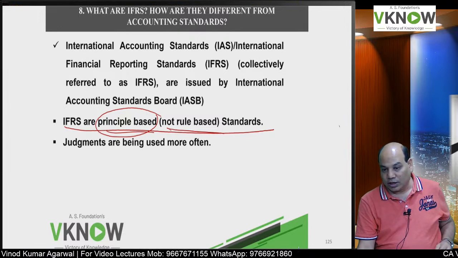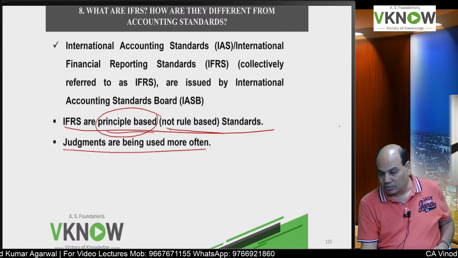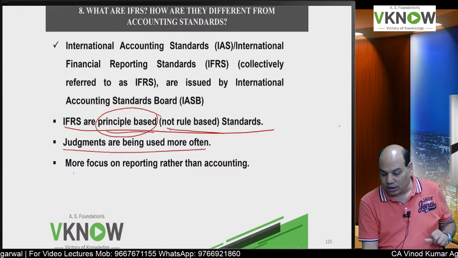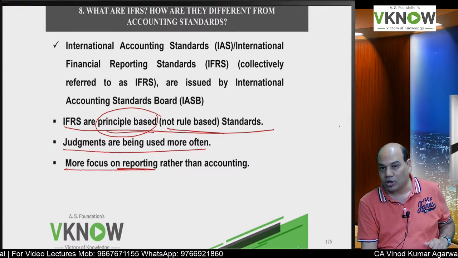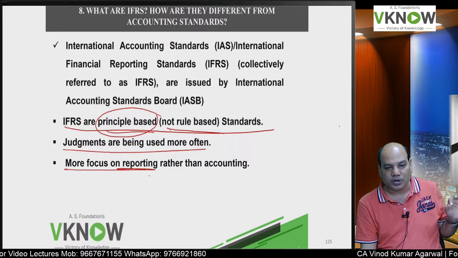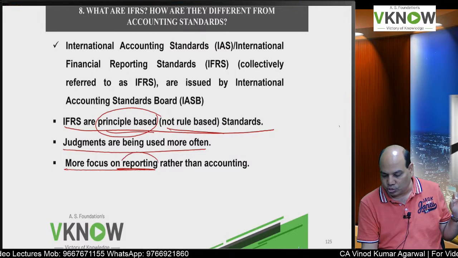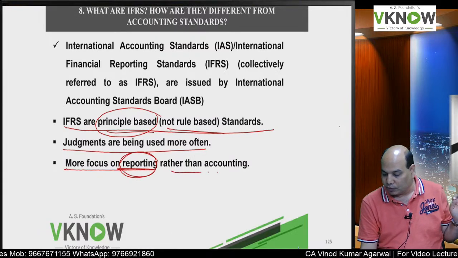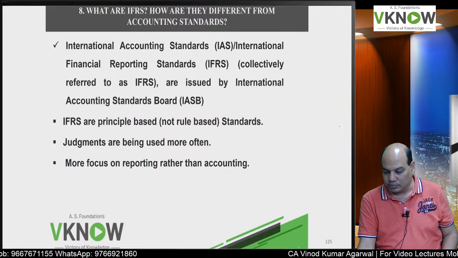Okay. In IFRS there are more judgments. In US GAAP there is less judgment. Then IFRS is more focused on reporting, because the purpose is that financial statements should be used by the investor to make investment decisions. The focus is not on accounting.